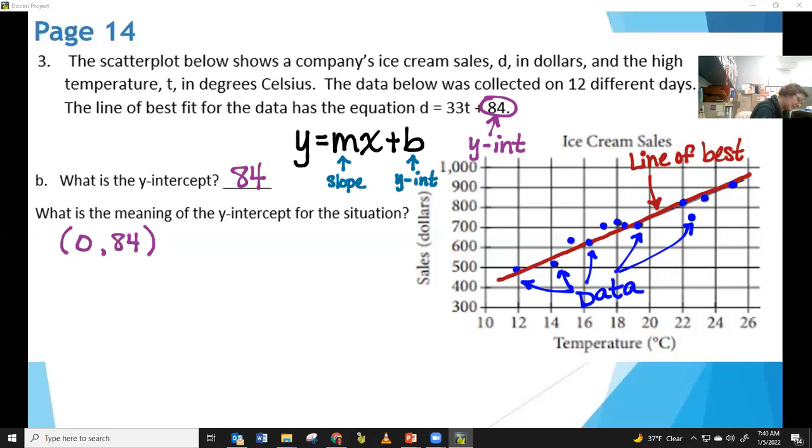This 0, is that in the X spot or the Y spot? That's in the X spot. What are we measuring on the X axis in this graph? Temperature, yes. And so if the 0 is in the X spot, the 84 is in which spot?